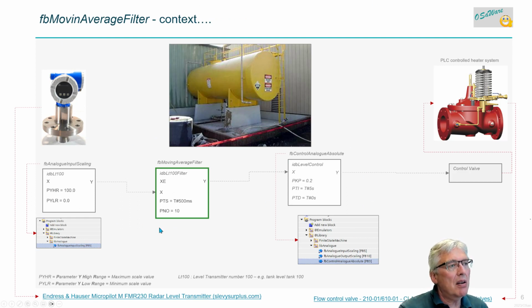This could be an anti-aliasing filter, which is filtering the input to a PID controller, which is in the program template too, with some parameters here for gain and integration time and so on.